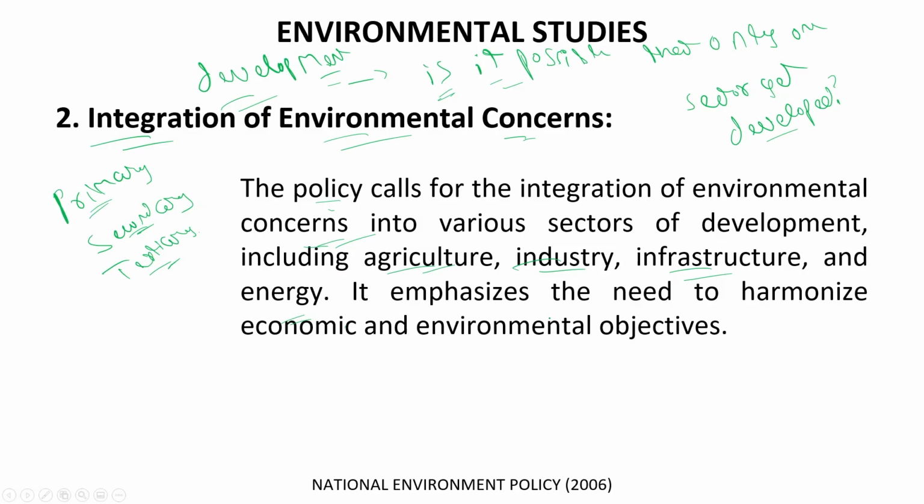I am asking you from the environment point of view, not from the economic point of view. Make it very clear in your mind. Okay. So the answer is no, because development is going on in these 3 sectors. Alright. Primary, like agriculture. Secondary, like industry and infrastructure. What about tertiary? Like your communication services.